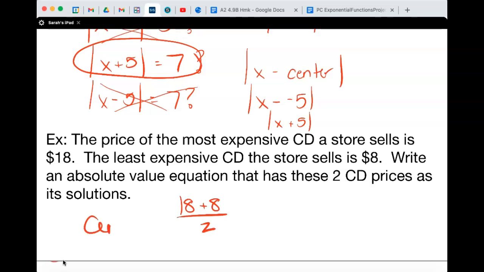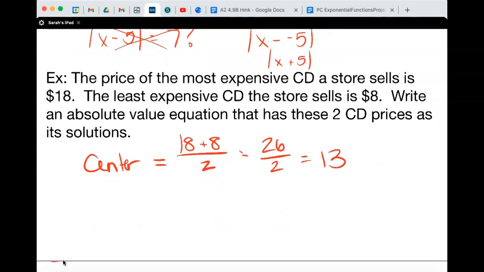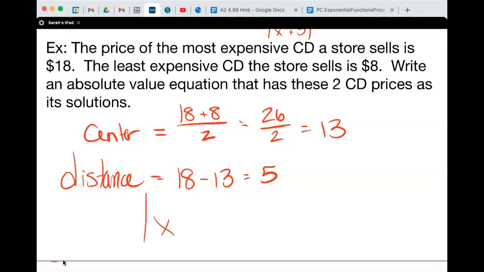Okay, so we're finding the center first. So take the more expensive 18 and subtract the center. So absolute value x minus.